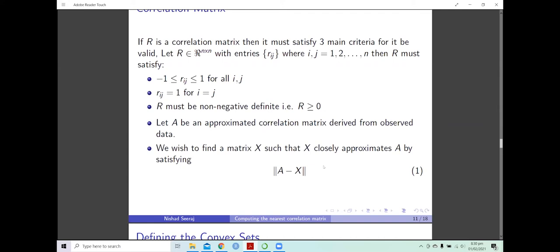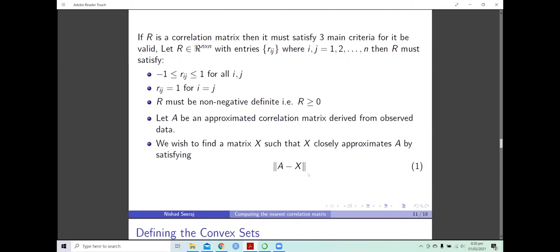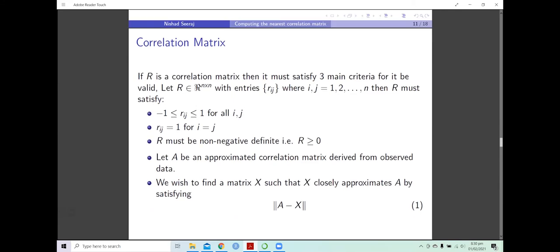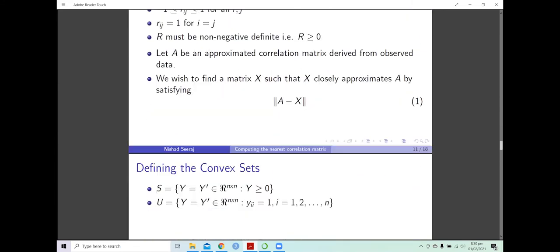Well, first we have to define the convex sets, okay, because they have to satisfy certain criteria in line with the correlation matrix here. So we find 2 convex sets. S will be the set of all M by M matrices which are non-negative definite. So all of these matrices have eigenvalues, when you obtain them, with no negative eigenvalues.